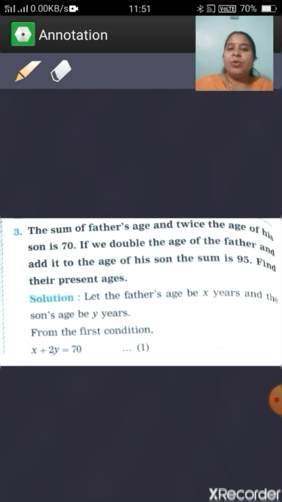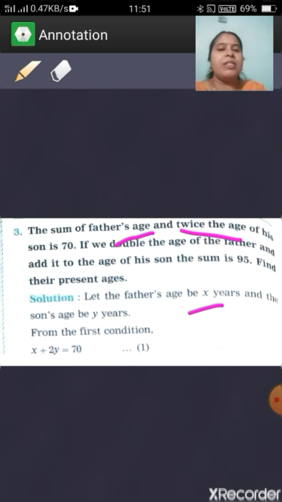Now as I have told you, I will be reading this part by part and then we will try to frame the equation. So I am reading only the first part of the question for you. The sum of, sum means addition. Now what I need to add, let's see. The sum of father's age, what I have assumed father's age, x. The sum of father's age and twice the age of his son. Twice the age, what is son's age? y.